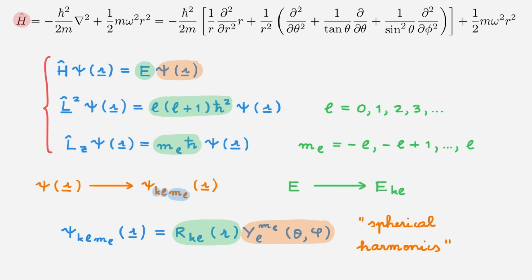But we found in the videos on central potentials that it doesn't depend on ml. This radial part is the most interesting part, because its form depends on the specific central potential that we have. And so the aim of today's video is to determine this radial function for the specific case of an isotropic harmonic oscillator.